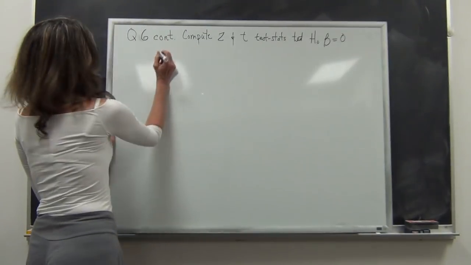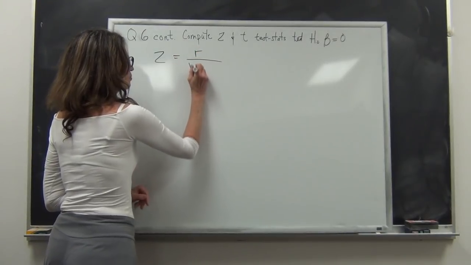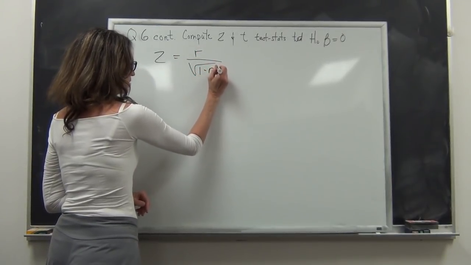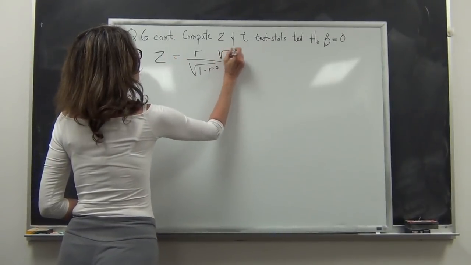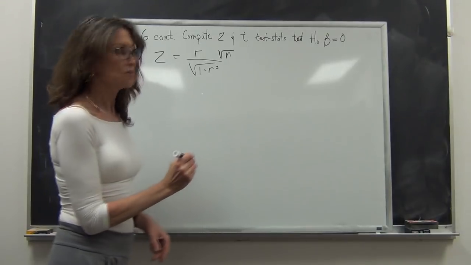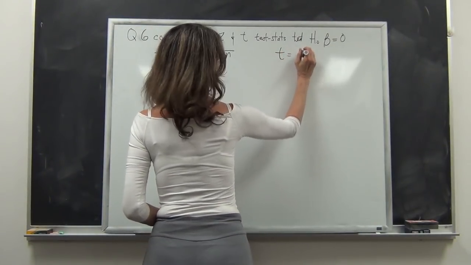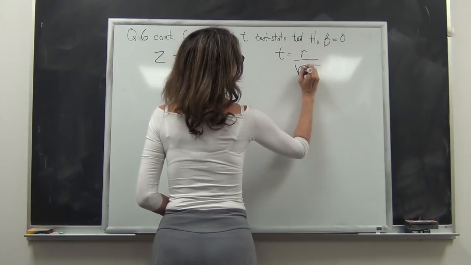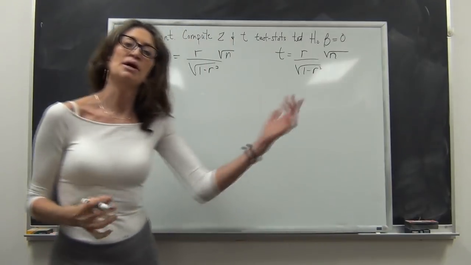So z is r over the square root of 1 minus r squared, times the square root of n. Whereas t is equal to the same thing, r over the square root of 1 minus r squared, but not times the square root of n. We have to adjust that.